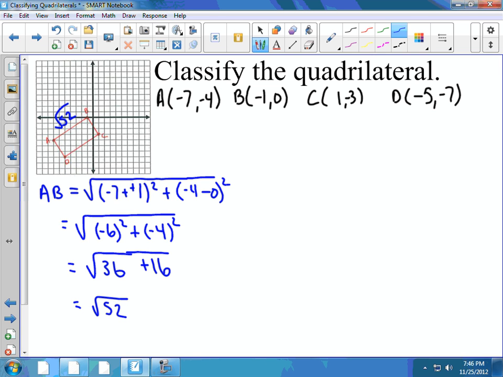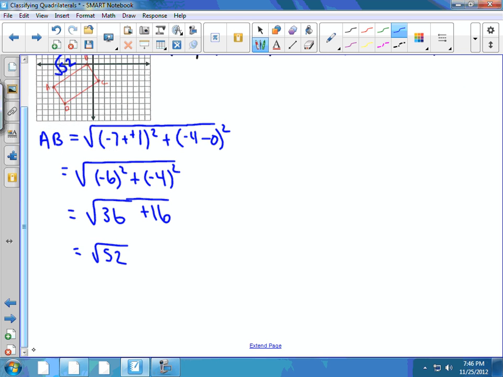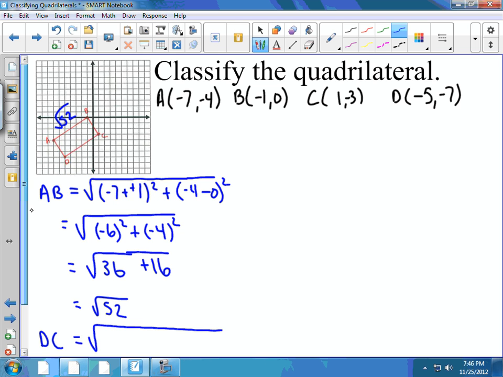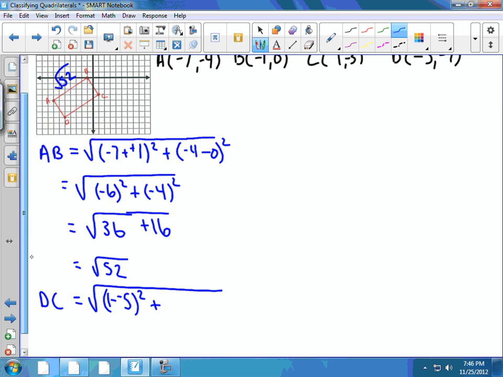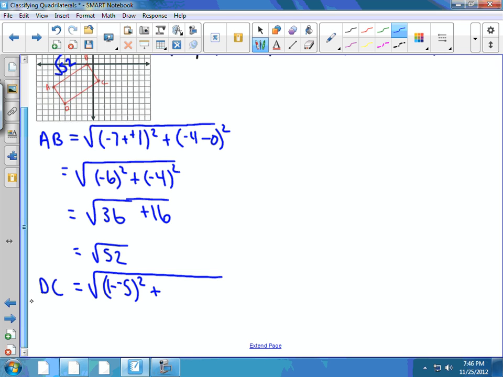Next, we need to figure out what's the distance from D to C. So D to C, that's going to be 1 minus -5 squared plus -3 minus -7 squared.